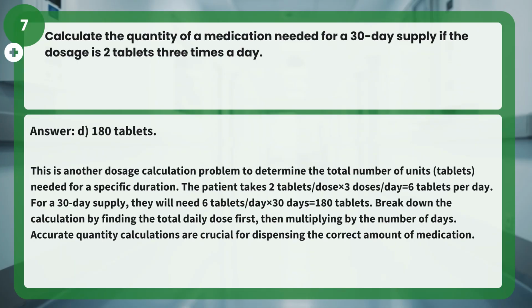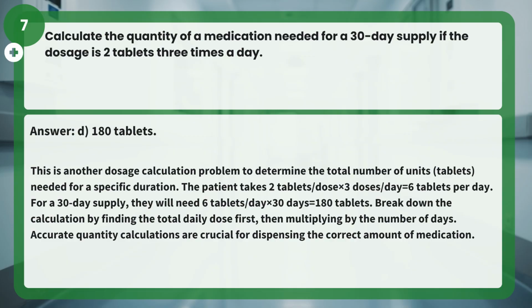Answer: D. 180 tablets. This is another dosage calculation problem to determine the total number of units, tablets, needed for a specific duration. The patient takes 2 tablets/dose × 3 doses/day = 6 tablets per day.